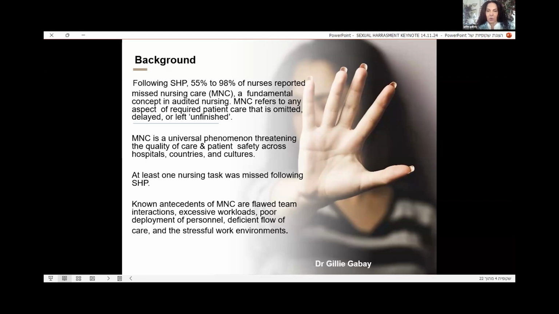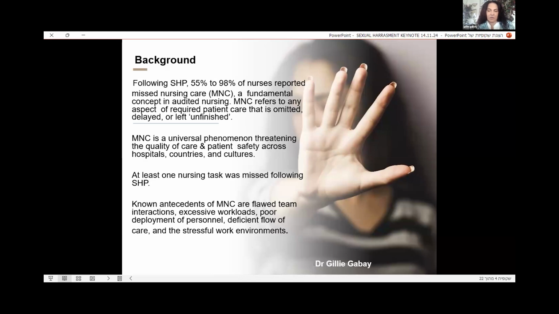From studies that we performed, at least one nursing task was missed following a sexual harassment. Thus far, the antecedents of missed nursing care were, for example, ineffective team interactions, excessive workloads, poor deployment of personnel.